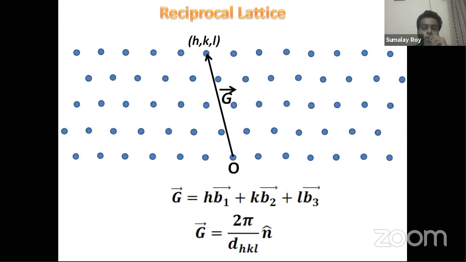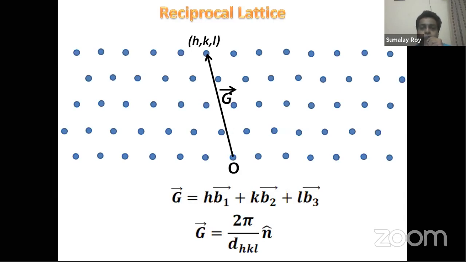If we define an origin O, then any vector from this origin to any point in this space will have the value h k l, because these points are nothing but the Miller indices of the planes in the real space crystal. So all these points in reciprocal space are nothing but the hkl planes. These points are representative of the planes in real space.